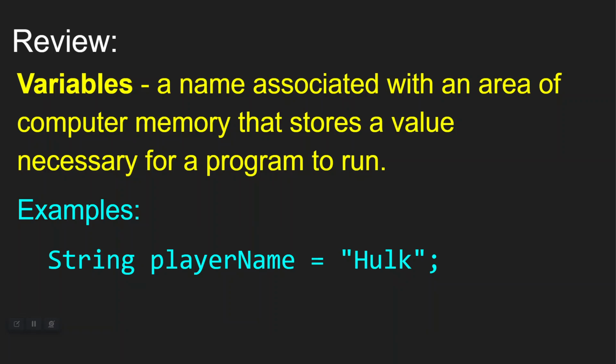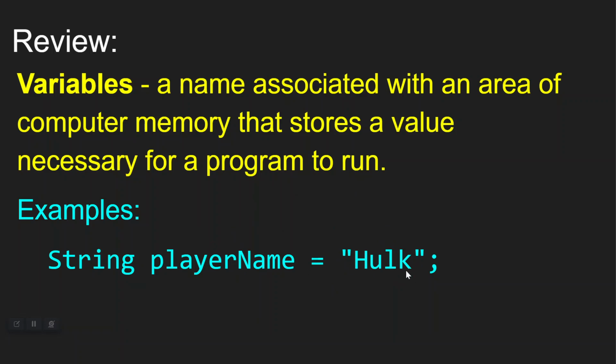And here we have the definition of a variable: a name that is associated with an area of computer memory that stores a value necessary for a program to run. So a quick example would be string playerName equals Hulk. Over here, we are declaring the variable string playerName. And then over here, we are initializing that variable with the value of Hulk.